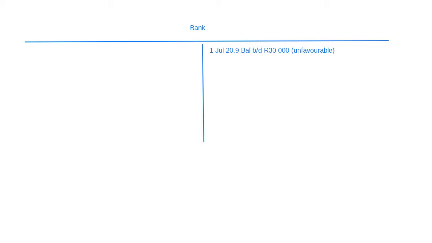So your total receipts, irrespective of whether your balance is positive or negative, will remain on the debit side as always. And your total payments, in this case, it was 86,400, will remain on your credit side.